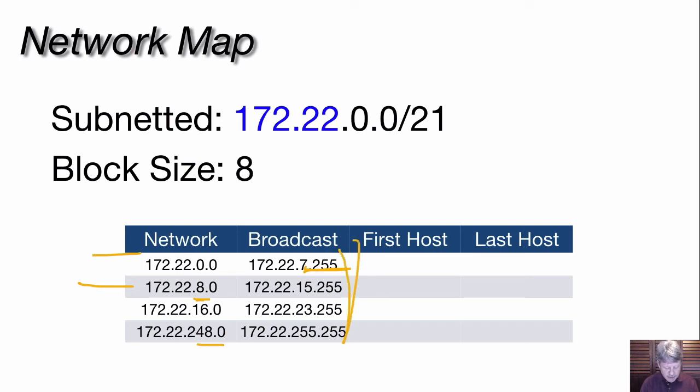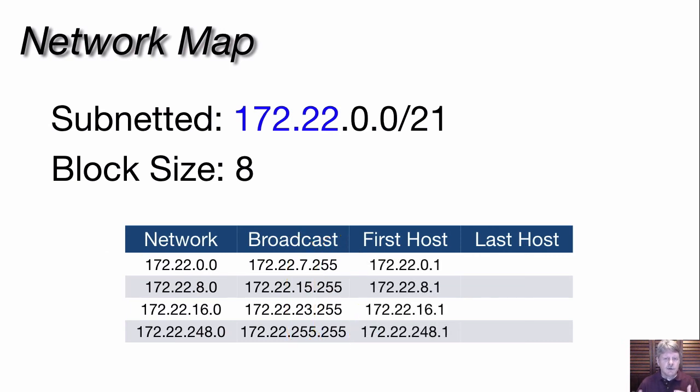In the last case, if we take 248, we add 8, that's going to give us 256, which of course is invalid, it's too large, but we subtract 1 from that, we end up with 255.255. Again, quick sanity checks. The value of the third octet is always going to be 1 less than the next network value. The value of the fourth octet always going to be 255.